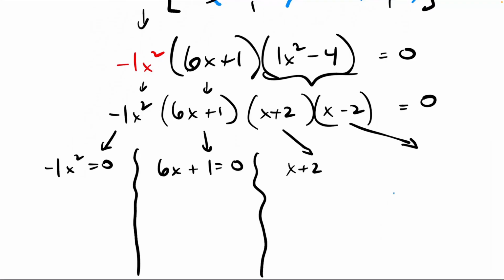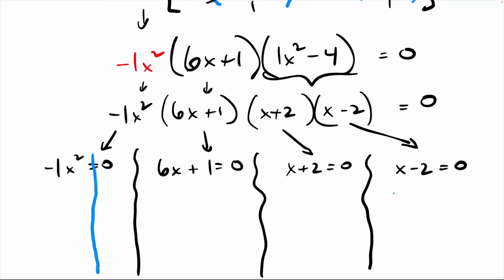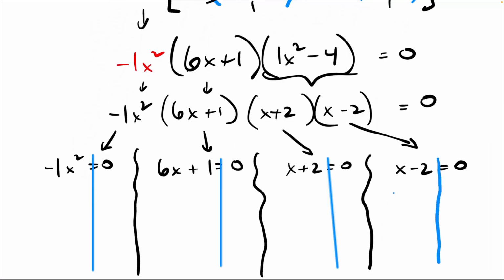X plus 2 equals 0. X minus 2 equals 0. Four answers. Divide by -1, you're going to get 0.